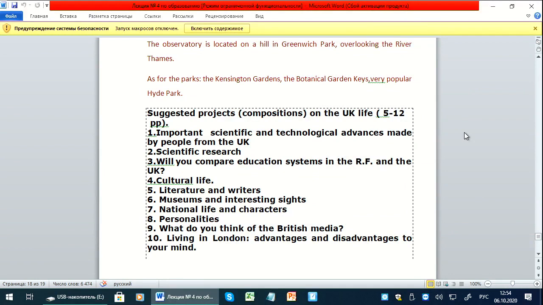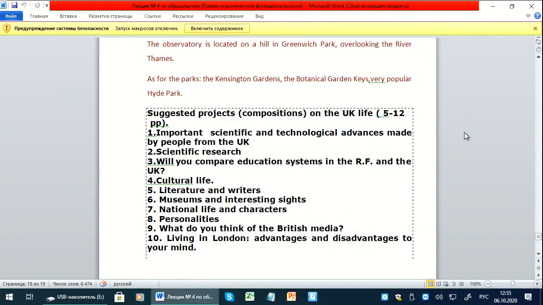Including politicians, including culture, literature, and so on. Then, maybe you'd like to write about British media and express your opinion. So, the title is the following: What do you think of the British media?